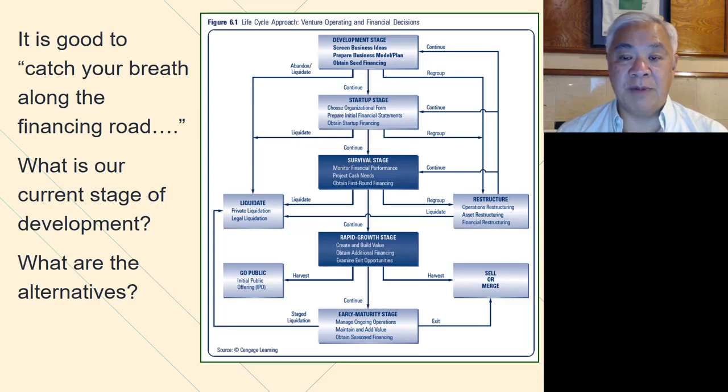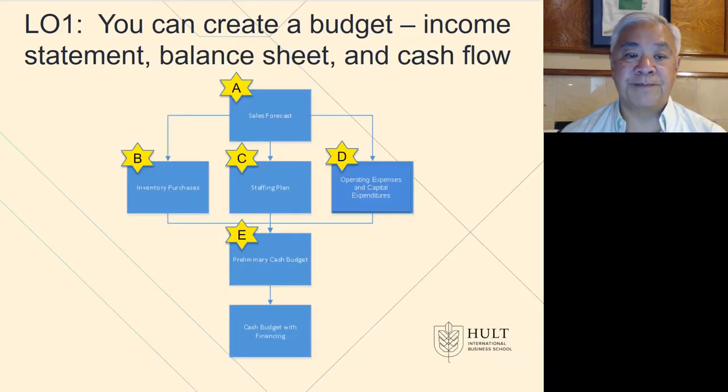We can go public or we could sell or merge. And then as we go to maturity, we have the same kind of alternatives to us. We could do an exit through selling, or we could do a liquidation or a public offering. So as we progress through the stages, just like we have many choices in financing, we also see different strategic choices that we may have at our disposal.